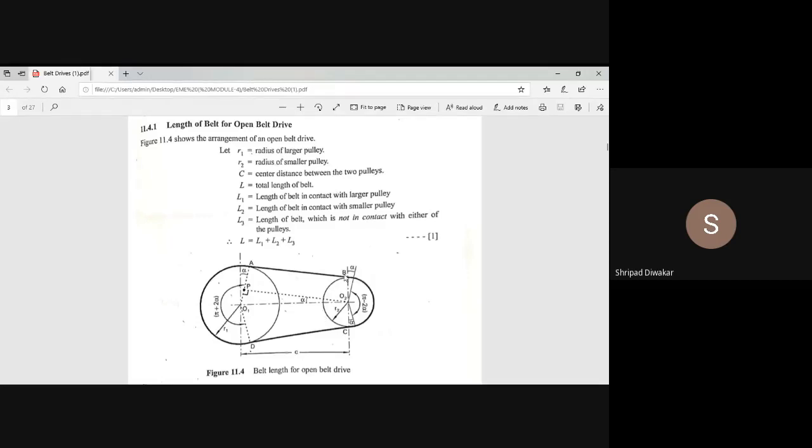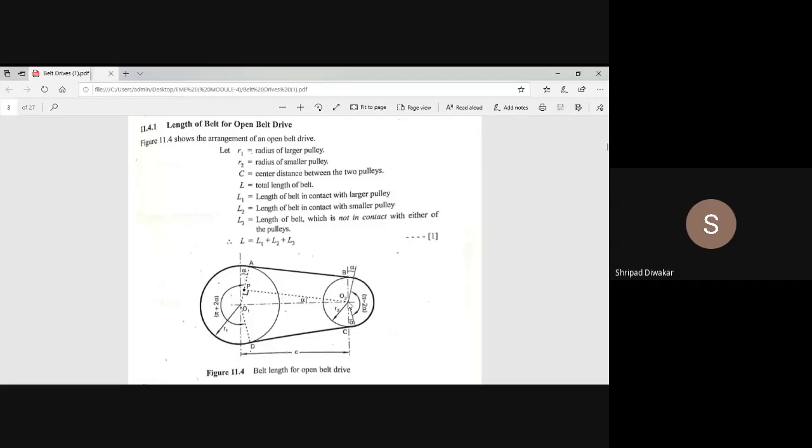You remember another name of the driven pulley is follower, and this is called the driver pulley, or simply the driver. First you draw one big circle and one small circle and then join them by two lengths. Then you mark the two points. O1 is the center of the driver pulley and O2 is the center point of the driven pulley.